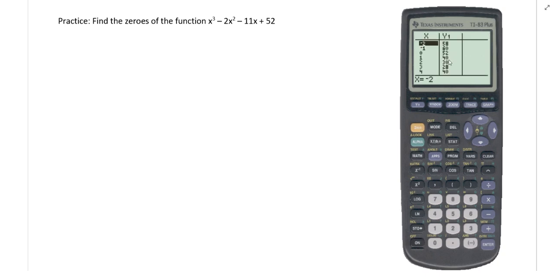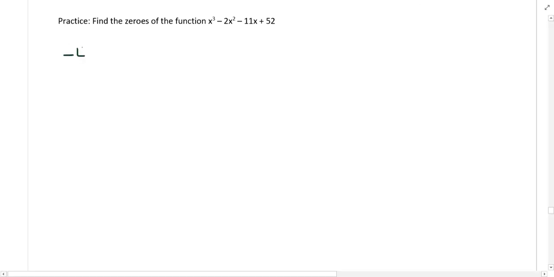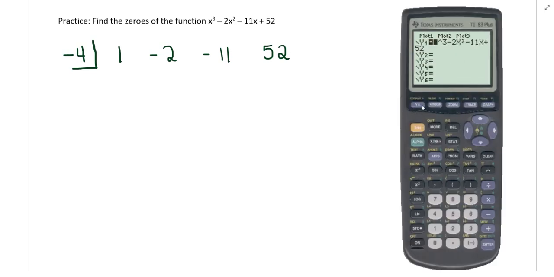Look at your table. Yeah, -4, 0. Okay, so you've got that 0 there. So we're going to start with a -4. We're going to divide that out synthetically. Okay, so you've got a 1x cubed, -2x squared, -11x, positive 52.